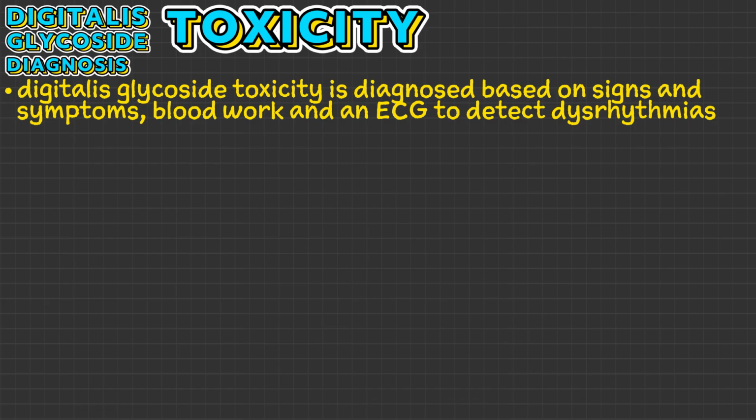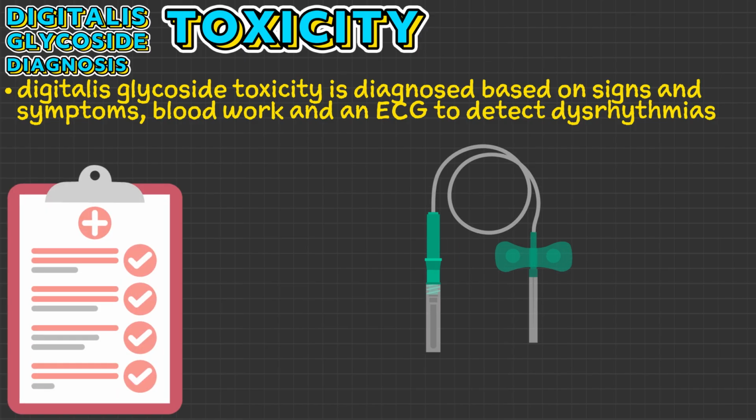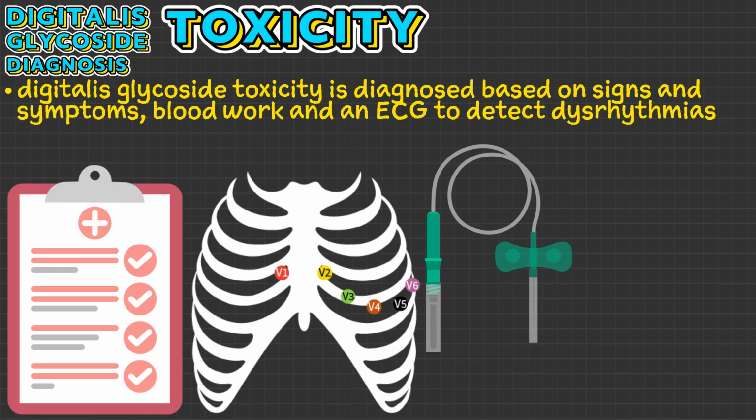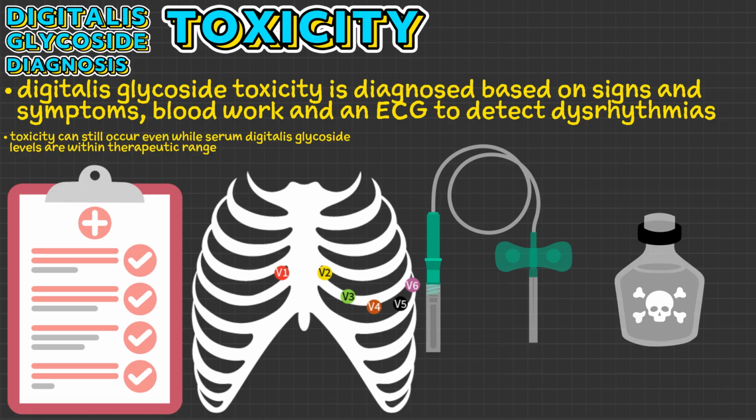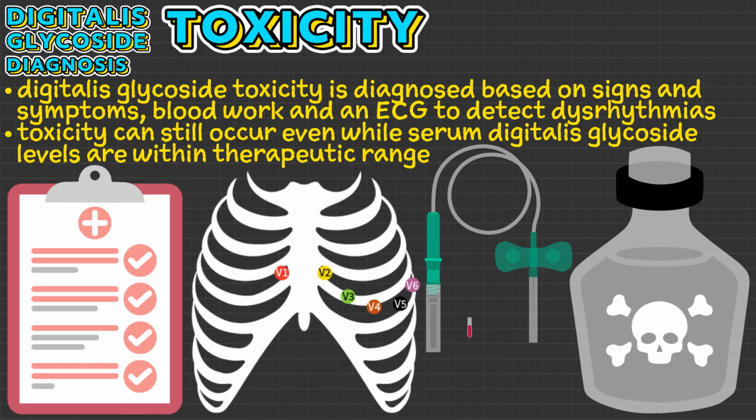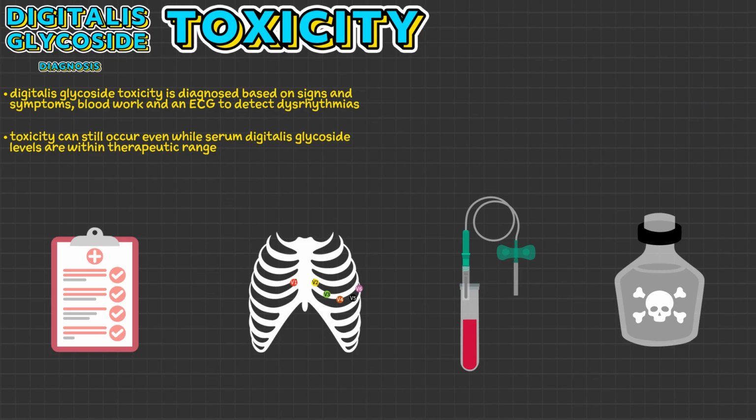Digitalis glycoside toxicity is diagnosed based on signs and symptoms, blood work, and an ECG to detect dysrhythmias. It is essential to note that toxicity can still occur even while serum Digitalis glycoside levels are within therapeutic range.